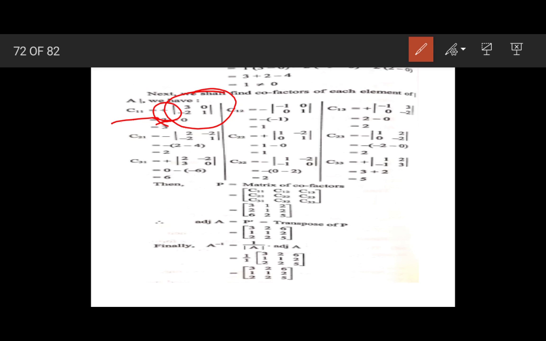So C11, C12, C13, first row complete, then second row complete, then third row. Okay, so find cofactors of each element. C11 means cofactor of first element, right? C12 means cofactor of second element, means first row, second column. C13 means element is in first row, third column.